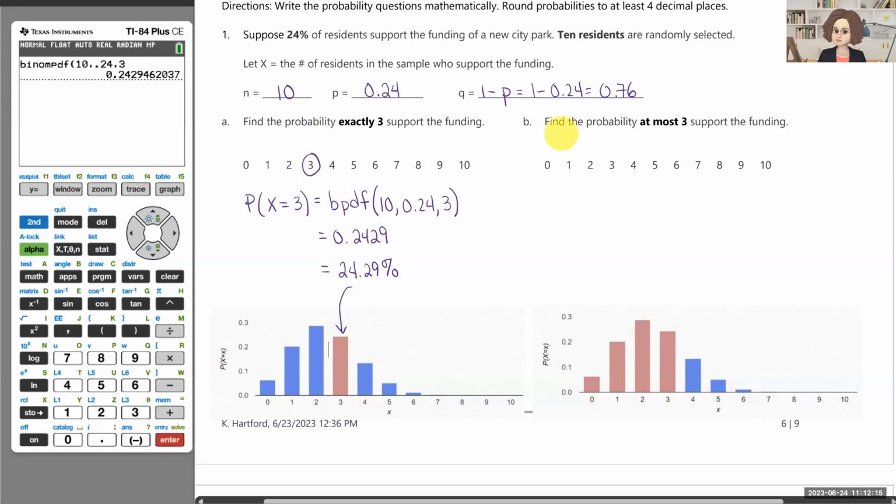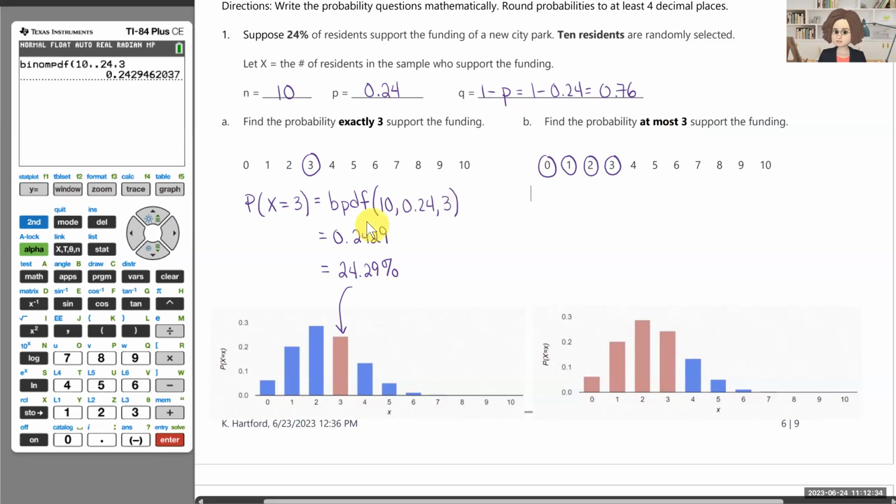Okay, so let's compare that to B. Find the probability that at most 3 support the funding. So at most 3 means 3 or fewer. Remember, at most means at the max. So 3 or fewer.